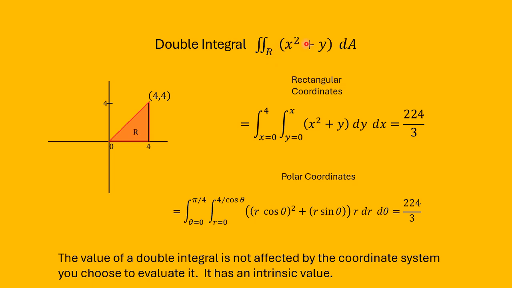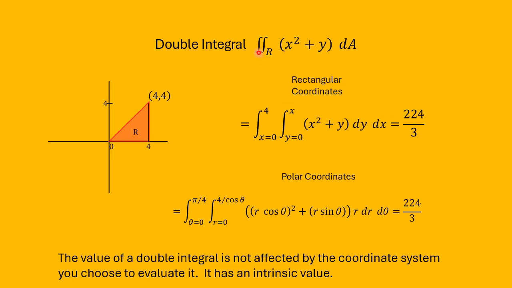We saw that when we wrote this as an iterated integral in terms of rectangular coordinates, the iterated integral turned out to be this. When we evaluated it, that gave us 224 thirds. So the value of this double integral by that calculation was 224 thirds.